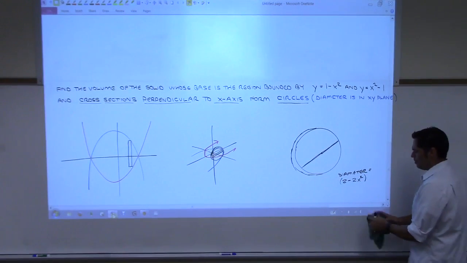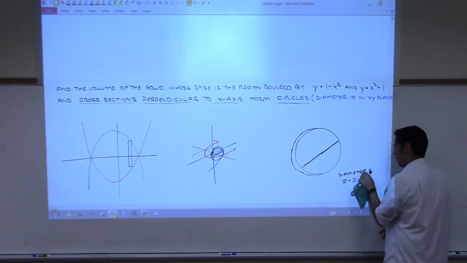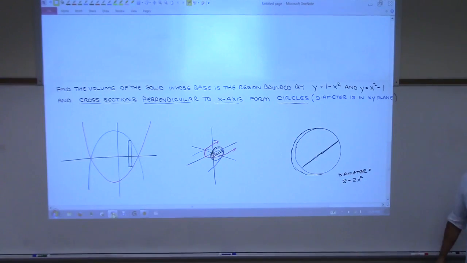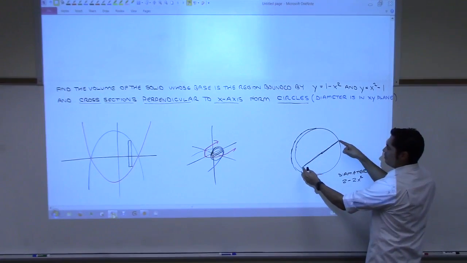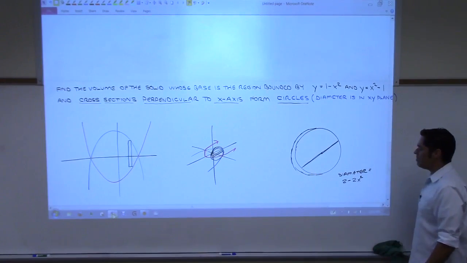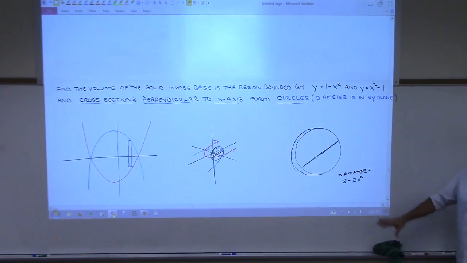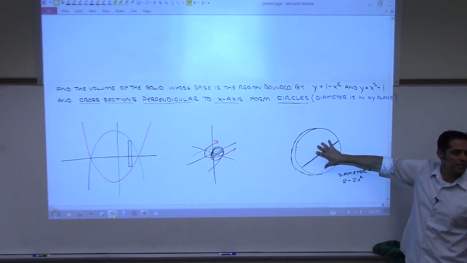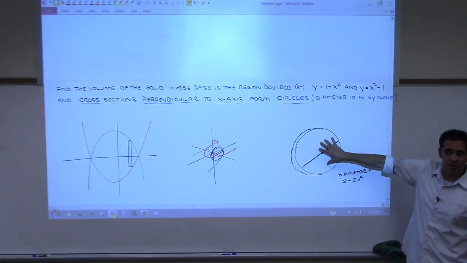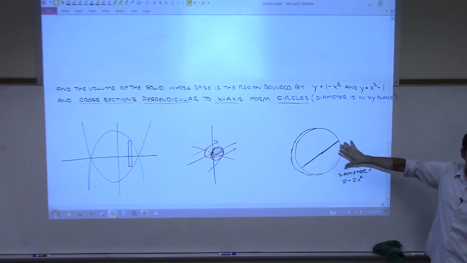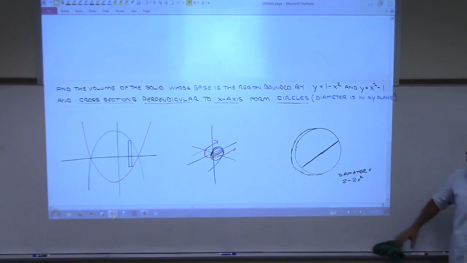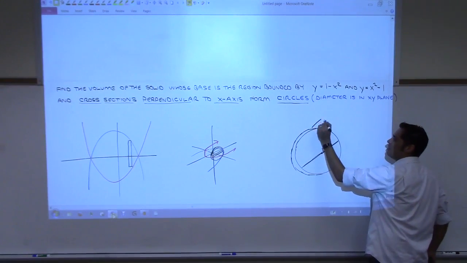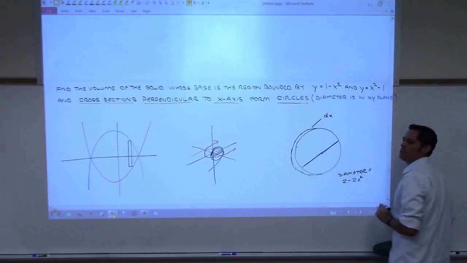I don't need the parentheses. I'm not sure why I did that. Agreed? No, this is the whole thing. So that's the diameter. Now, what is the volume of this? That's a cylinder, isn't it? Pi r squared times height. Well, we know what the height is. The height's really kind of just the width of this, which is dx.